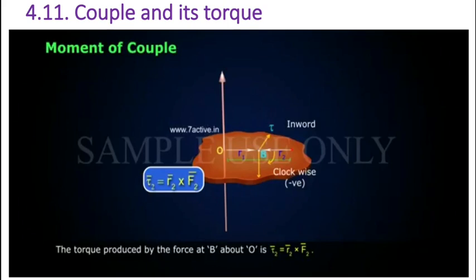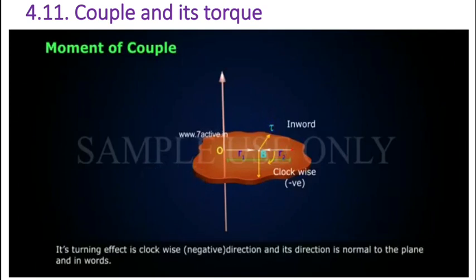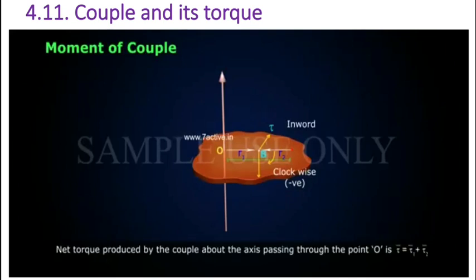The torque produced by the force at B about O is tau 2 equals R2 cross F. Its turning effect is clockwise, negative direction, and its direction is normal to the plane and inwards.